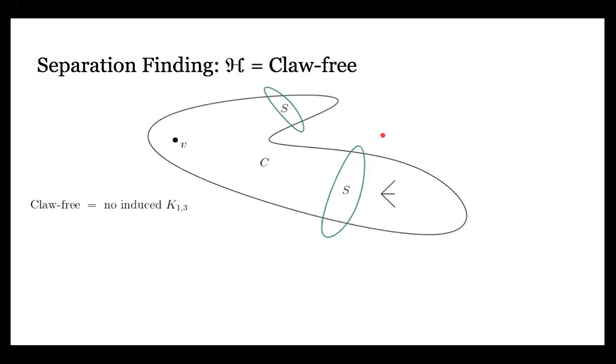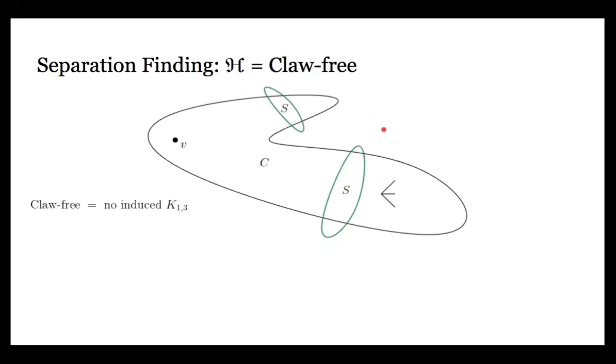So if the graph is claw-free, then we don't have to do anything. Otherwise, we can find some claw in polynomial time. So how can an h-k separation look like in such a graph?